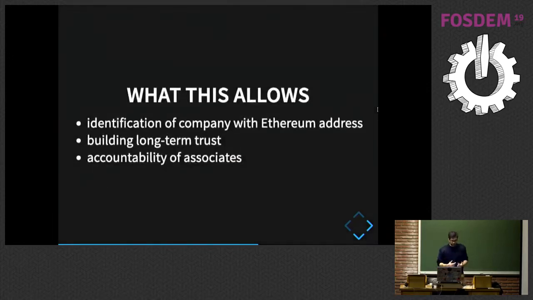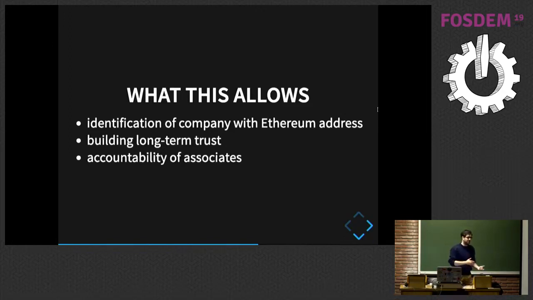This allows, as I said, identifying companies based on their Ethereum address. And this allows two other values, which I think are important reasons why you want to register and incorporate companies. It's building long-term trust, because any business you do with this company, if you are doing good business, you build trust.